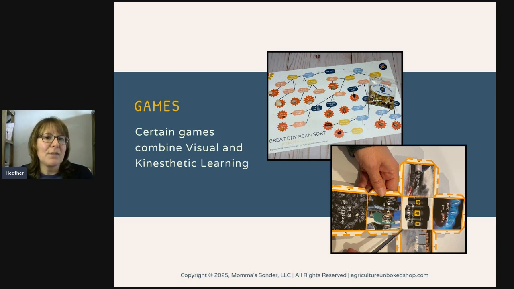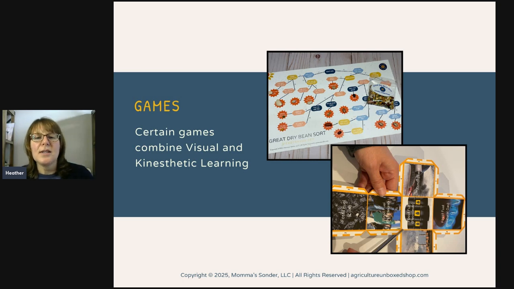Certain games combine visual and kinesthetic learning. At the top there, we have a dichotomous key type situation with the charts, and we are sorting beans. So we're using visual and then tactile ways of going through that chart to sort out the different beans. Again, all kinds of different learnings there.